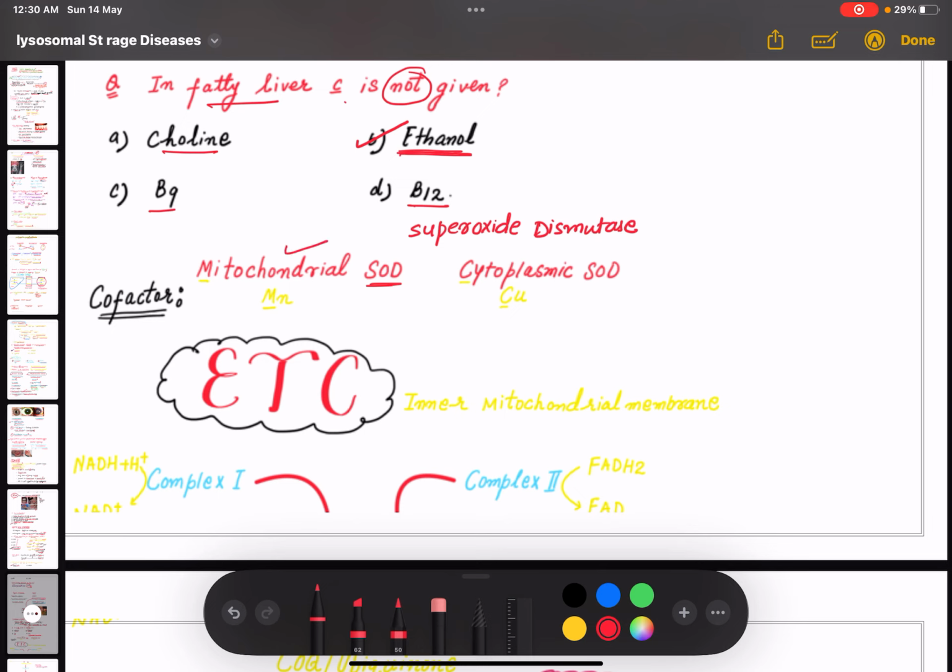One is mitochondrial SOD, the second is cytoplasmic SOD. Mitochondrial SOD needs a cofactor, that is manganese, and the cytoplasmic SOD needs copper as a cofactor. So remember, M for mitochondrial, M for manganese, C for copper, and C for cytoplasmic SOD.